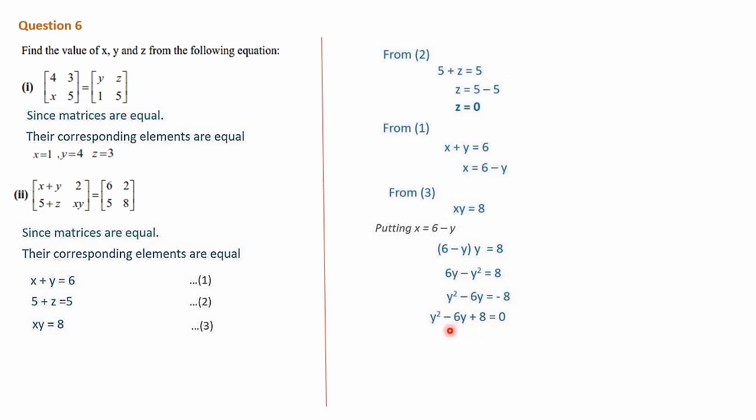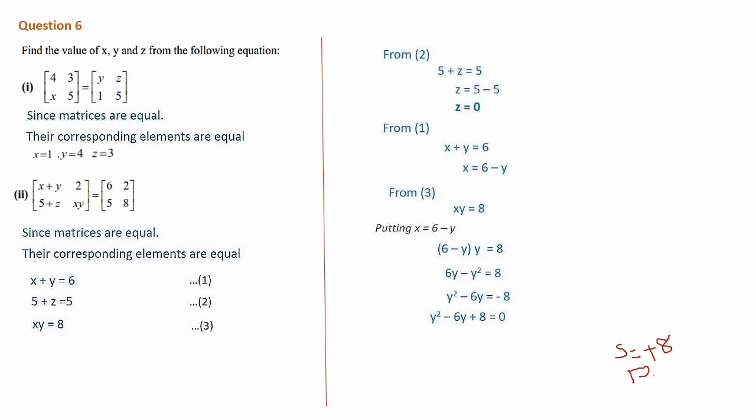Now this is a standard quadratic equation and here by using the splitting the middle term method we can solve this equation. Here the sum is minus 6 and the product is 1 into 8, which is plus 8. So the sum is minus 6 and the product is plus 8.